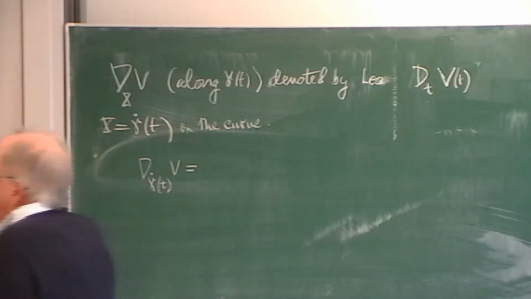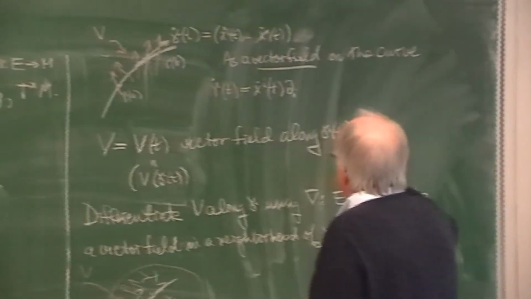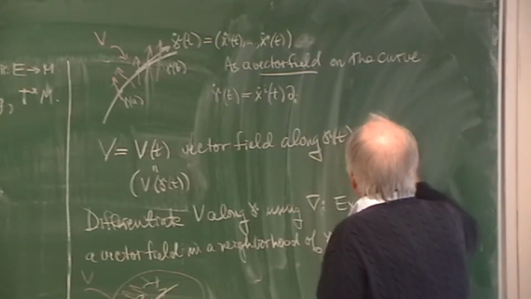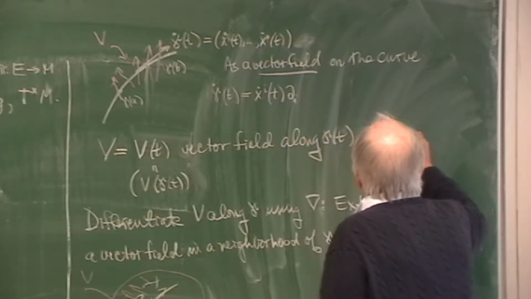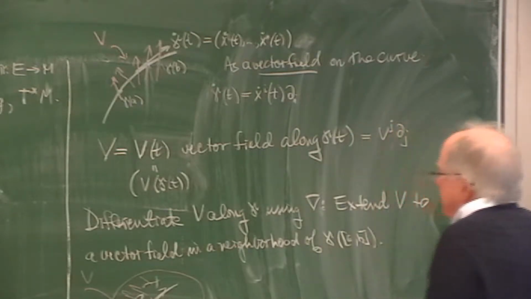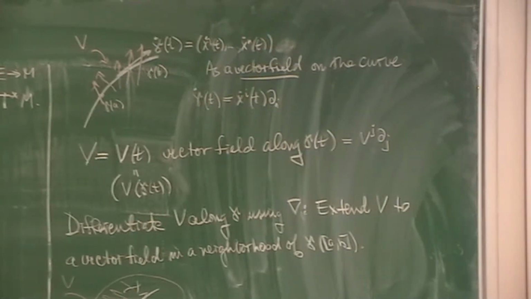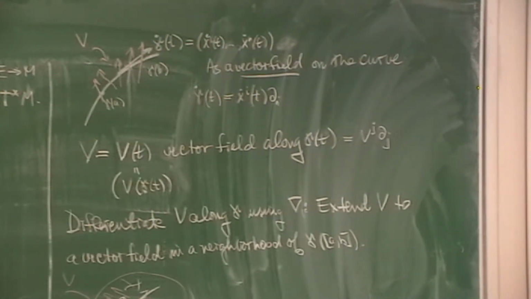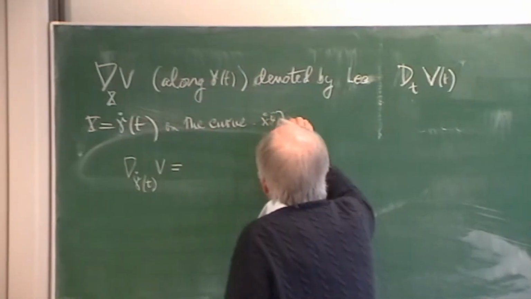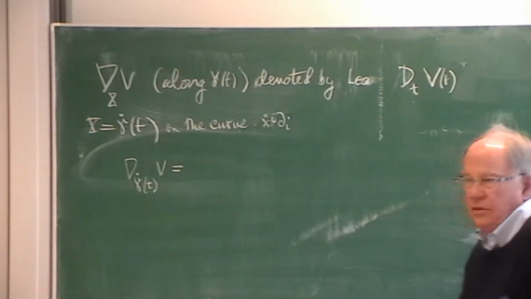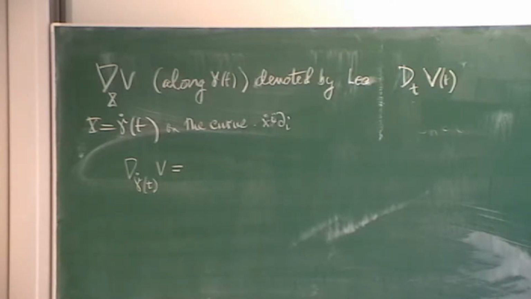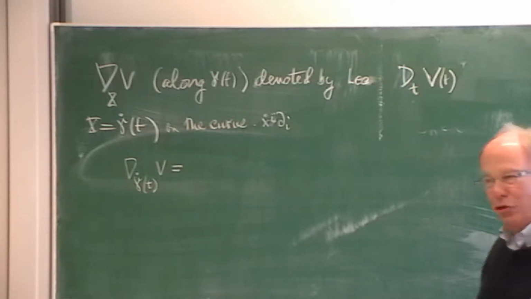No. So let's call this V^j d_j, and this thing, gamma point, is x point i d_i. So for the mathematicians here, physics people will laugh at us because they can do this so fast. We have to do it slowly because we are stupid.